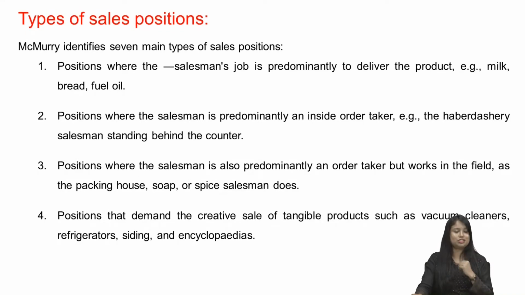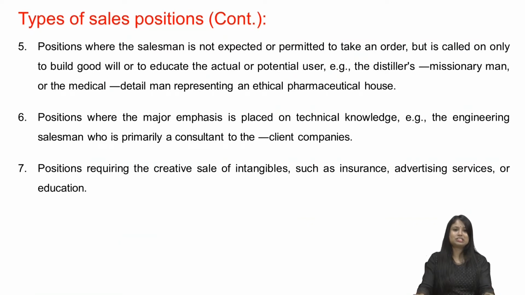Okay, now the fourth positions that demand the creative sales of tangible products such as vacuum cleaners, refrigerators, siding and many others, right? Even the encyclopedia also we can take for example. Now another sales position where the salesman is not expected or permitted to take an order, but is called on only to build goodwill or to educate the actual or potential user.